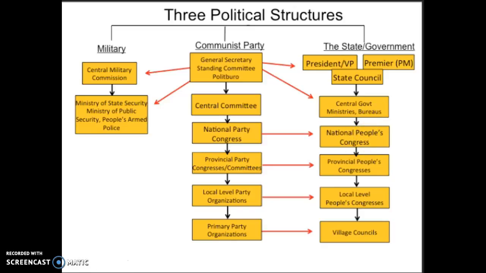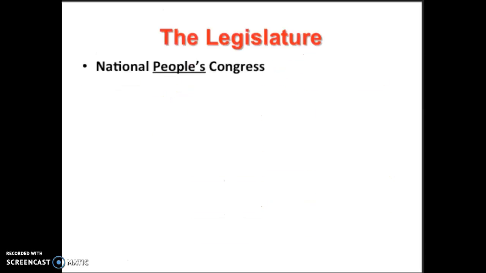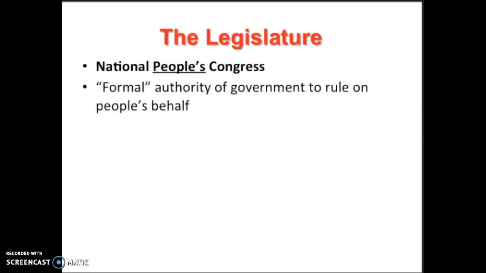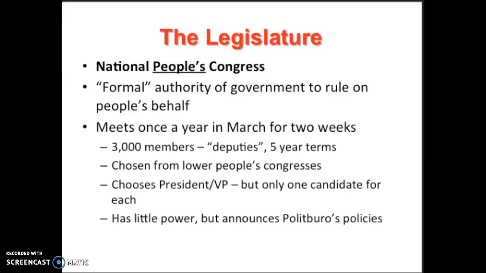So really, the fact that it's called the People's Congress is kind of a farce, because the people are so indirectly connected to this group of people that are serving in their legislative branch. The formal authority of government to rule on the people's behalf, that is the technical job for the National People's Congress.